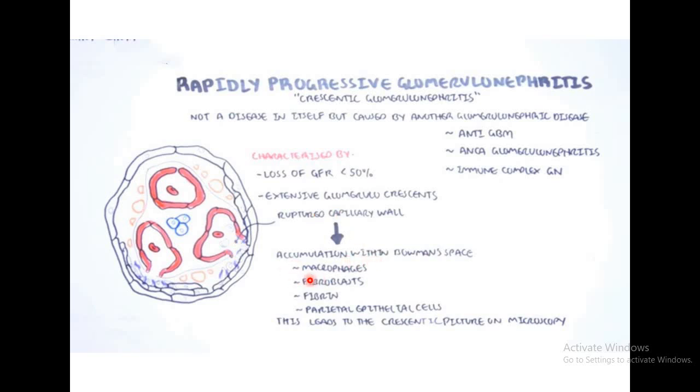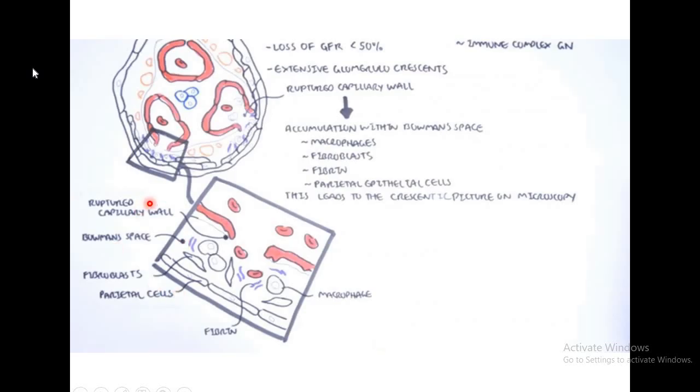There is accumulation of macrophages, fibroblasts, fibrin, and there is proliferation of parietal epithelial cells leading to crescent formation. So this is classic for rapidly progressive glomerulonephritis, that is crescent formation.